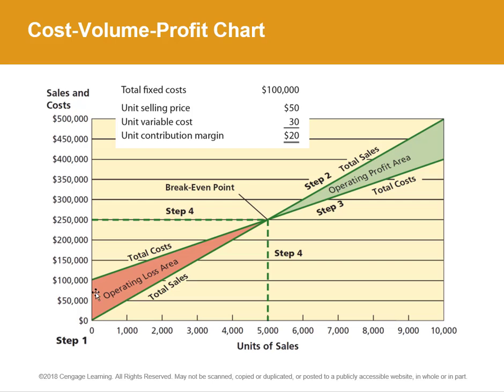Even if we don't have any sales at all, my fixed cost is $100,000. Then for each unit I sell, I get another 20 bucks of contribution margin. And once you've got that slope, you can draw that line straight out. Those are all my total costs.